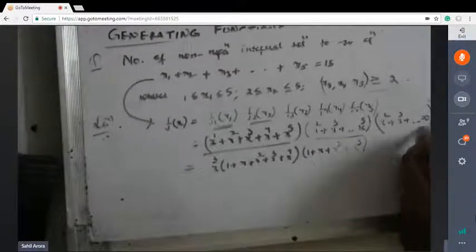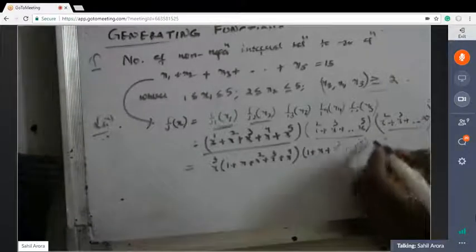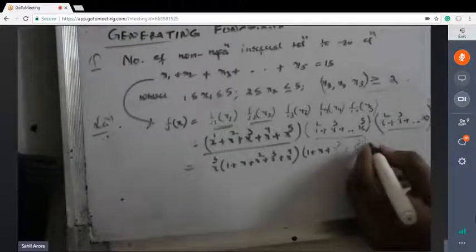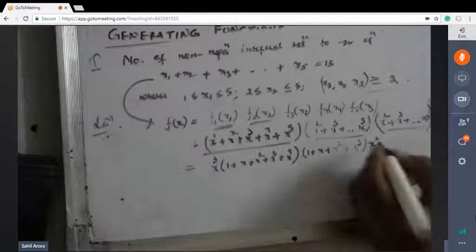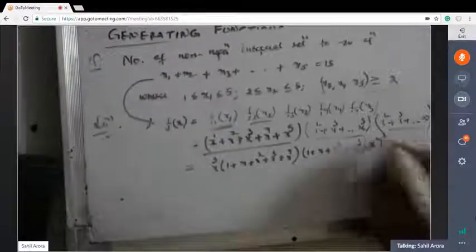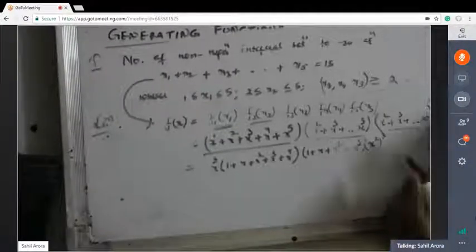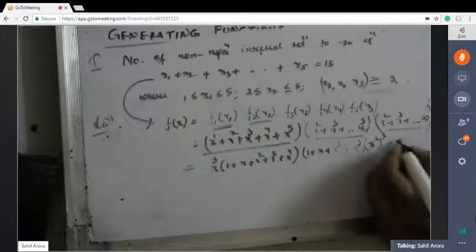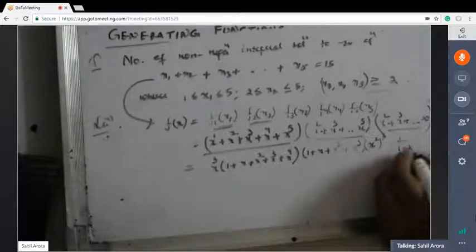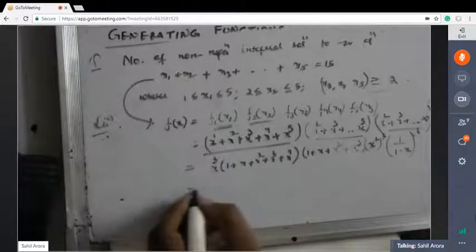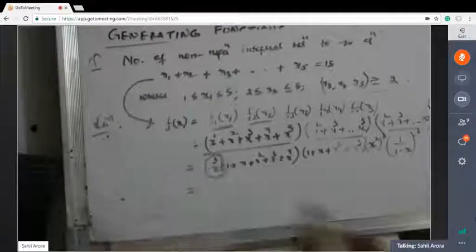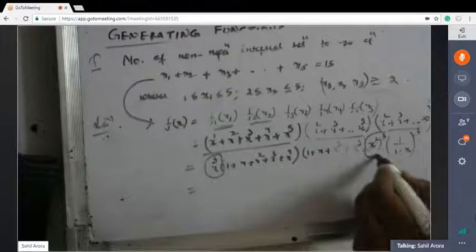See, again, from this we can take x squared common. If I take x squared common, the cube is also there. So we got x squared whole cubed. And inside we get 1 plus x plus x squared, which is nothing but 1 upon 1 minus x whole cubed. Right? So what we got? x to the power 3 here, x to the power 6 here.